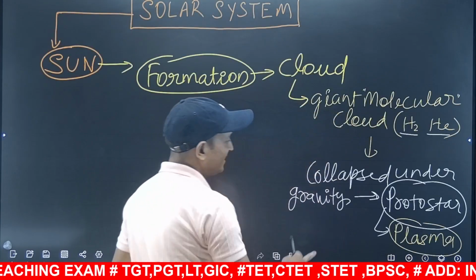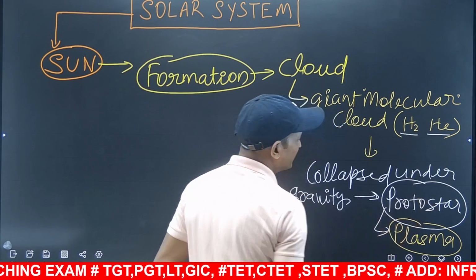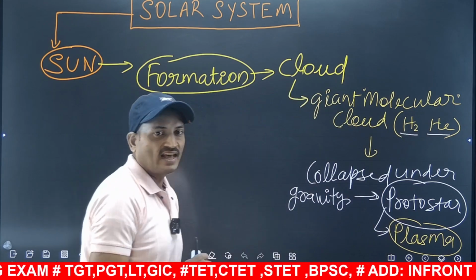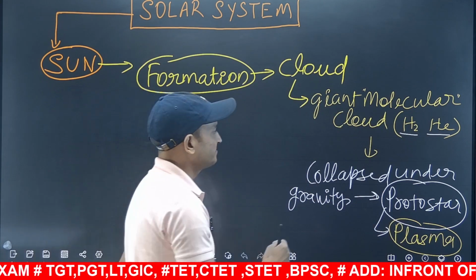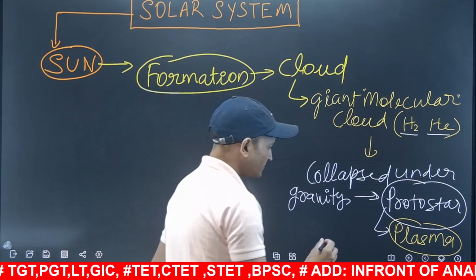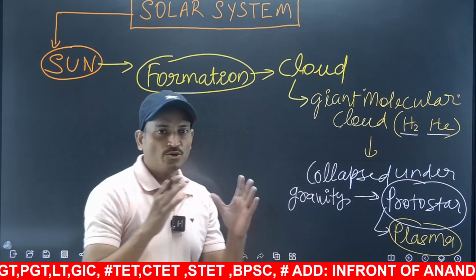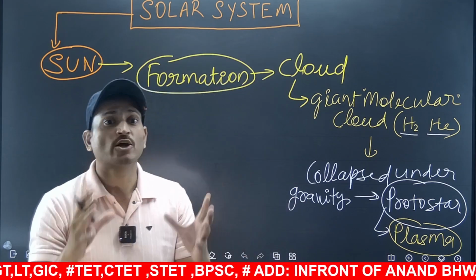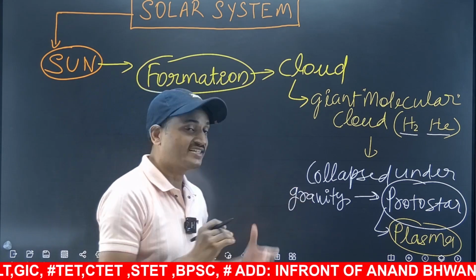Similarly here, when we talk about the protostar, the matter changed into the plasma state. The hydrogen changed into plasma state, helium also changed into plasma state. And for the nuclear fusion to start, the plasma state of hydrogen is a prerequisite. It is important. ये होना ही चाहिए.